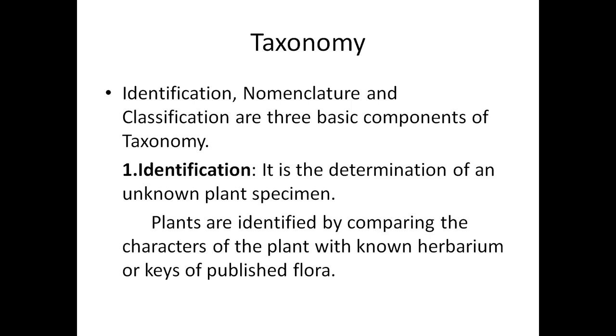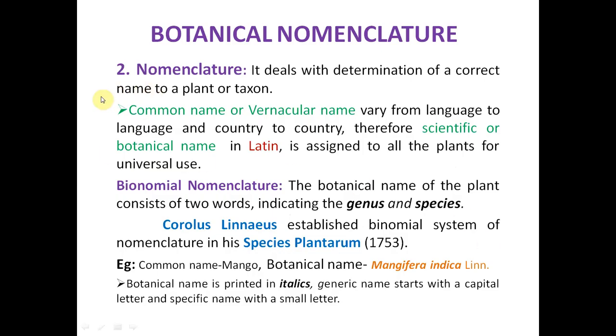How to name that plant is nomenclature. It deals with the determination of a correct name to a plant or taxon. So nomenclature deals with the naming of the plant. The names of the plants vary from language to language, region to region, country to country.